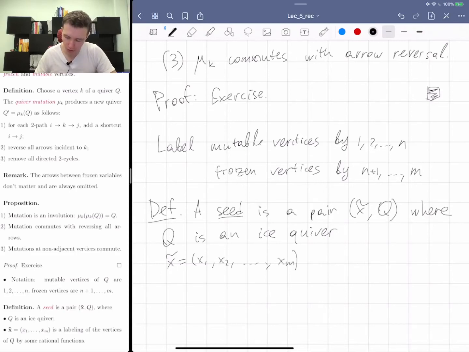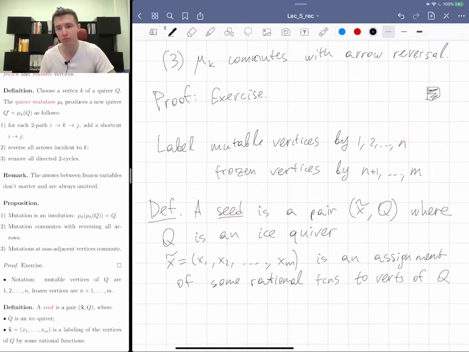So it is an assignment of some rational functions to the vertices of Q, mutable or frozen.